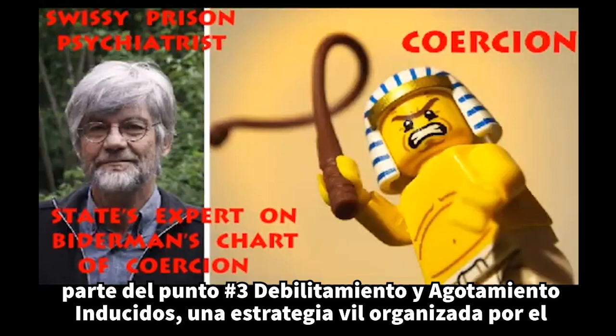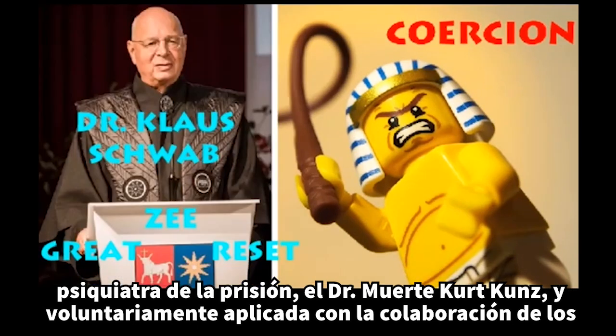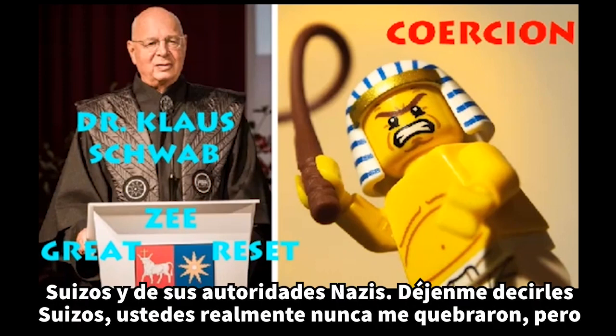A vile strategy being laid out by the prison psychiatrist Dr. Death Kurt Kunz, and very willfully applied by the collaboration of the Swiss people and their Swiss Nazi authorities.